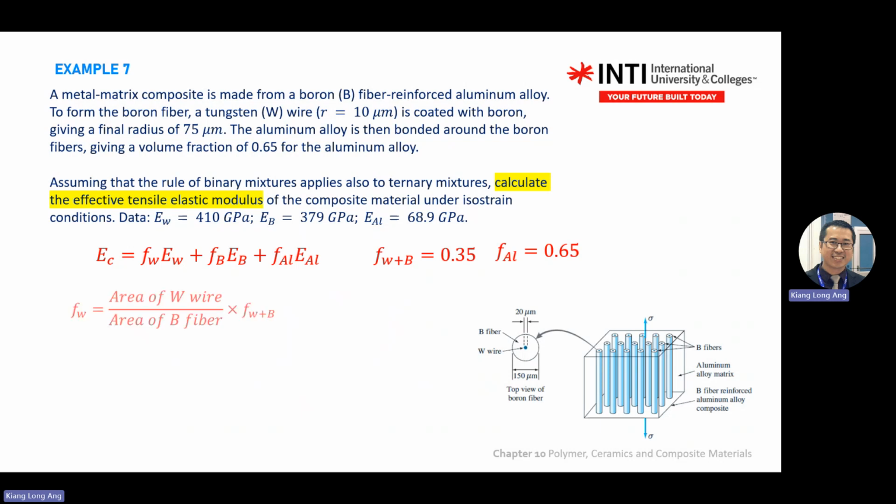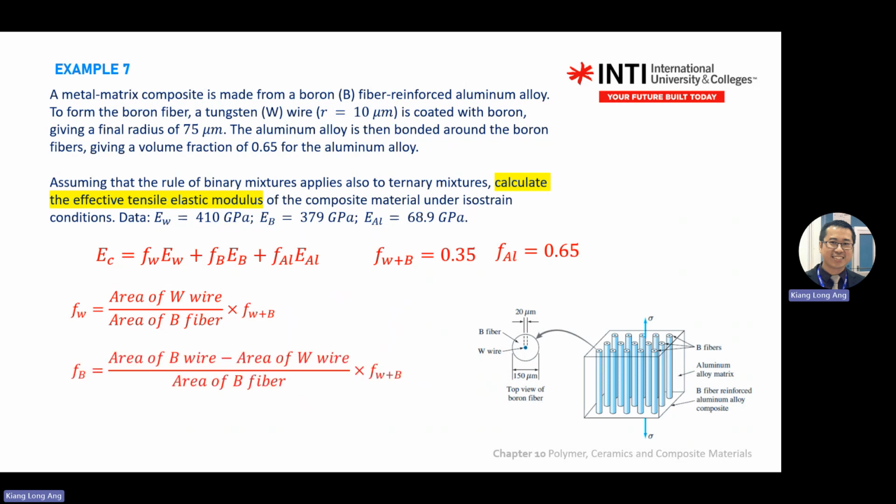So you use area, it is more precise, because you can calculate volume also, but the length is the same, so volume you can convert into area. So you take the area ratio. So FW equals the area of wire over the area of fiber, multiplied by 35%.